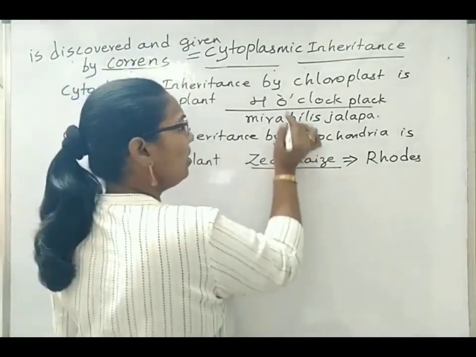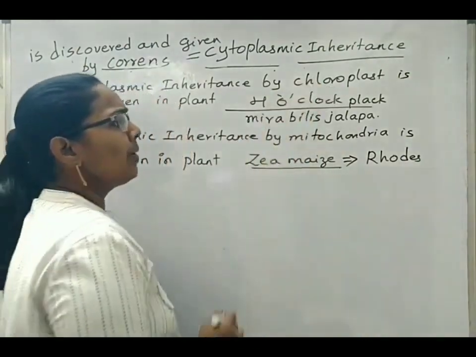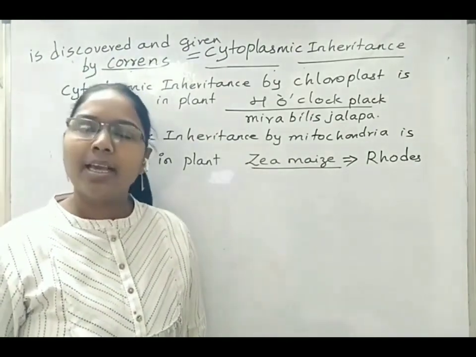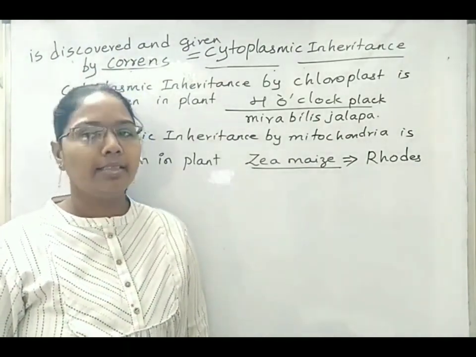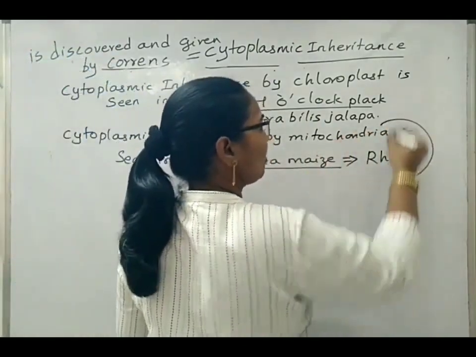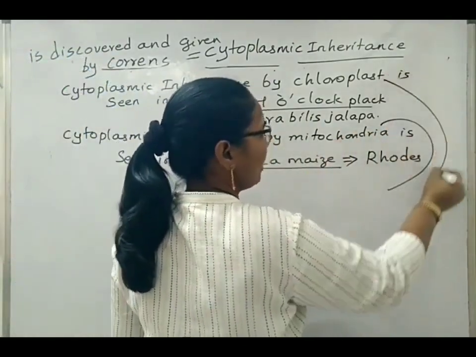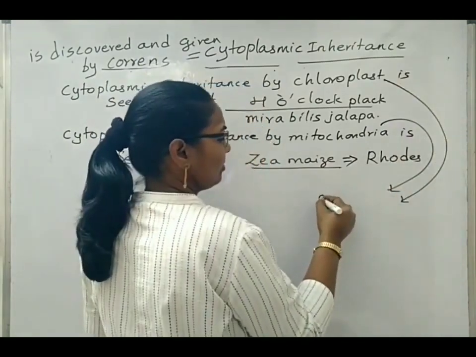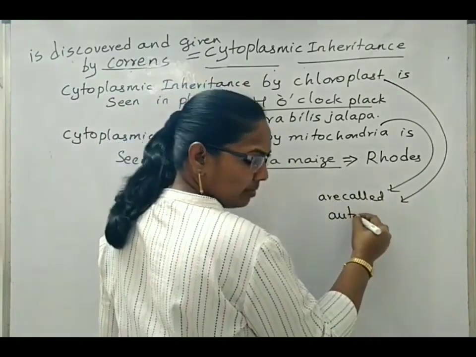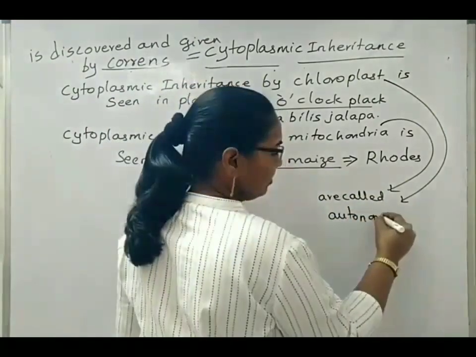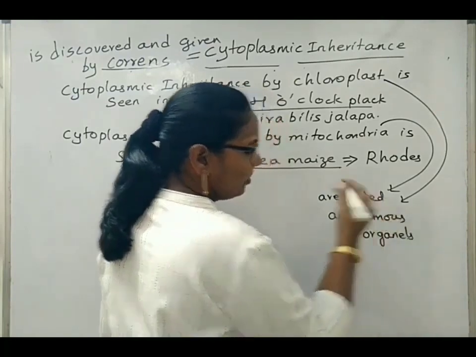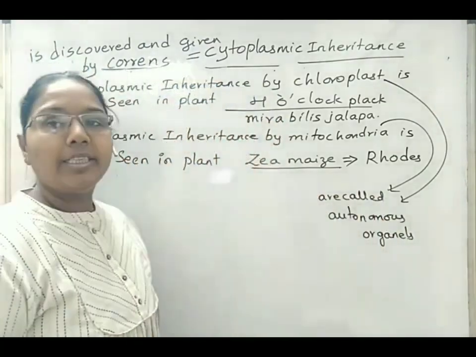cytogenes. Now, chloroplast and mitochondria are the two cell organelles in the eukaryotic cell that have double-stranded, circular, naked DNA. And so, both are called autonomous organelles, meaning they have their own genetic information.